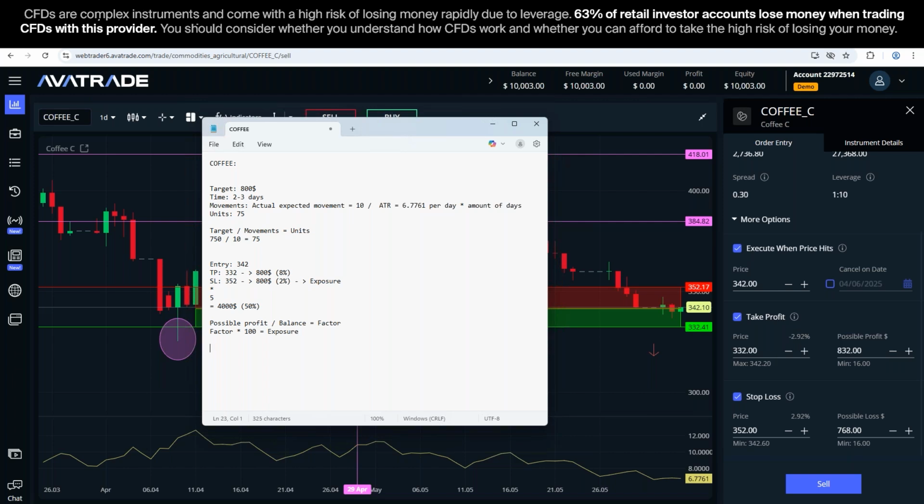Therefore, if I take my 800 and divide it by 10,000, this will equal 0.08. And if I multiply this by 100, this will be 8%. If I do the same thing with 10,000 and the 200, then we'll see.